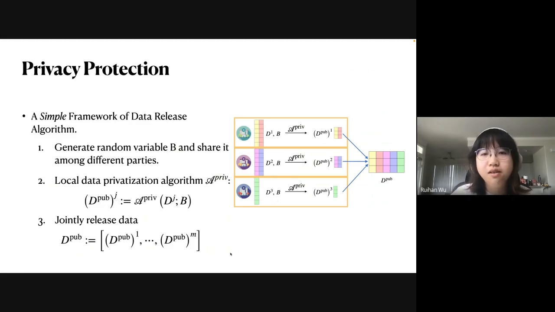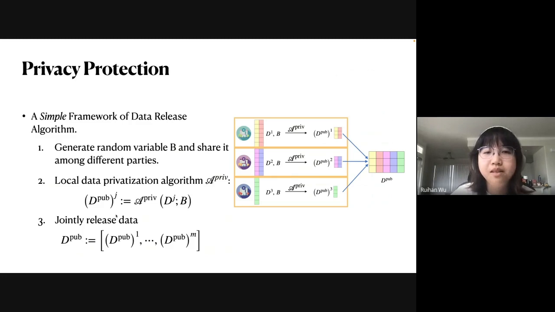And this is the framework that our paper focuses on. Yes, so just a comment here that it could be more complicated, but probably needs a more complicated privacy definition for the algorithm.